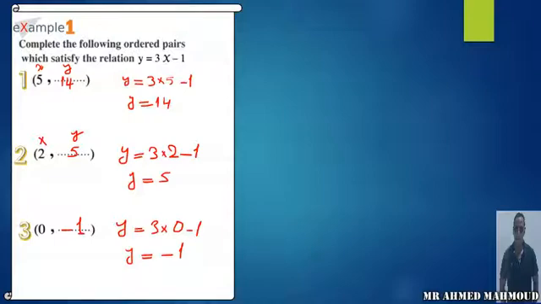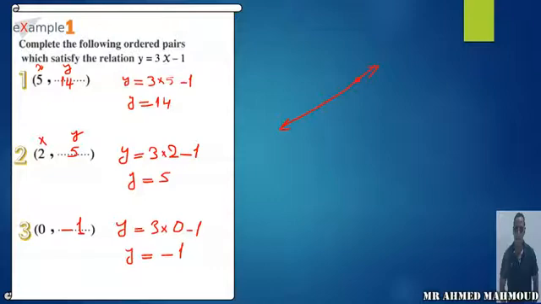Now we say that (5, 14), (2, 5), and (0, negative 1) satisfy the relation. What does it mean? That means if we have a straight line like this, which represents the relation, then 5 and 14 lie on the same straight line.